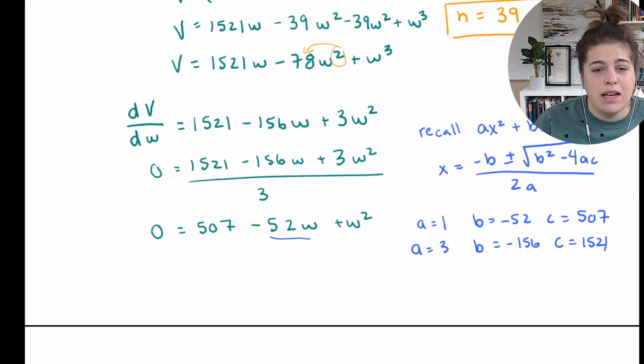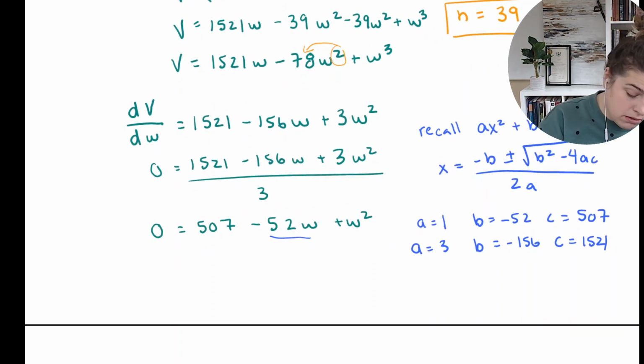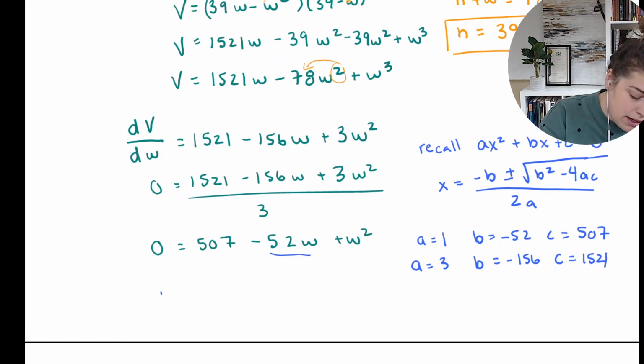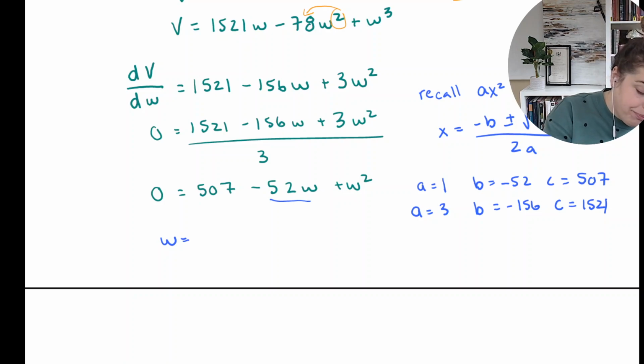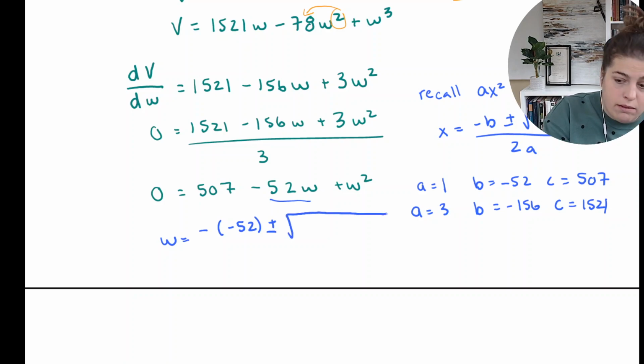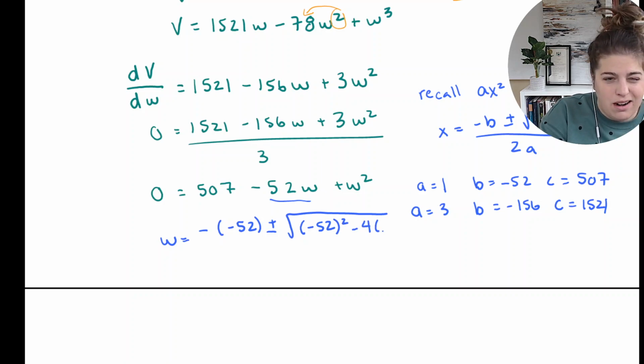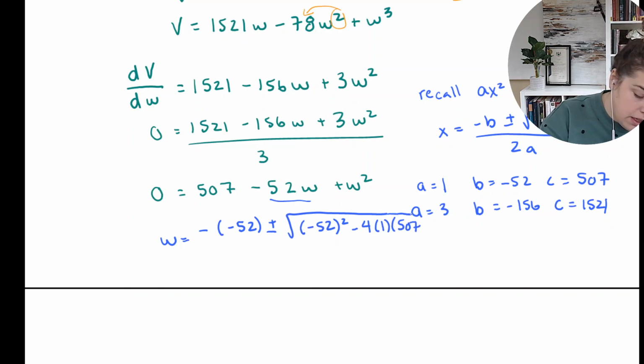And so when we plug in here to solve for W, so in this case it's a W, not an X, but that doesn't change anything really for us, right? We're going to have negative b, so negative 52, plus or minus the square root of negative 52 squared minus 4. Our a value was 1. That c value was 507.